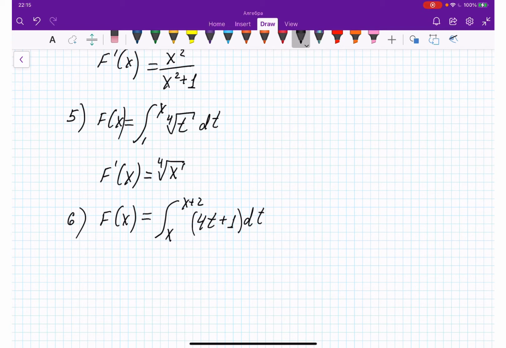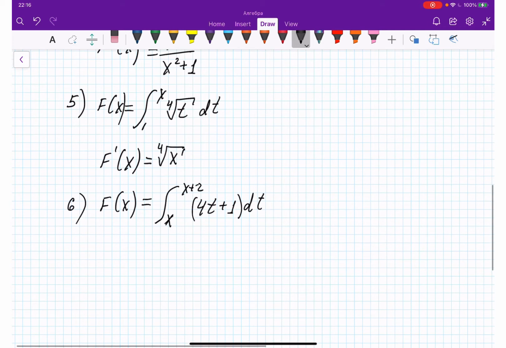So here we have our boundaries as two functions. Here the lower boundary is a function of x, and the upper boundary is a function of x plus 2, right? So therefore we cannot apply the theorem of calculus directly.